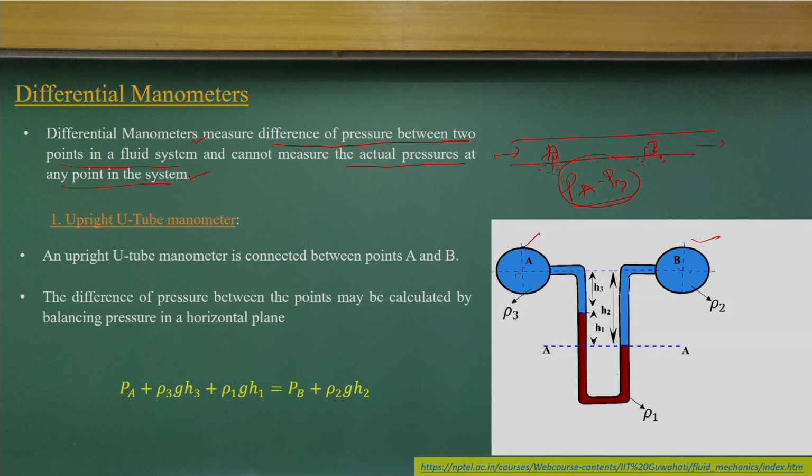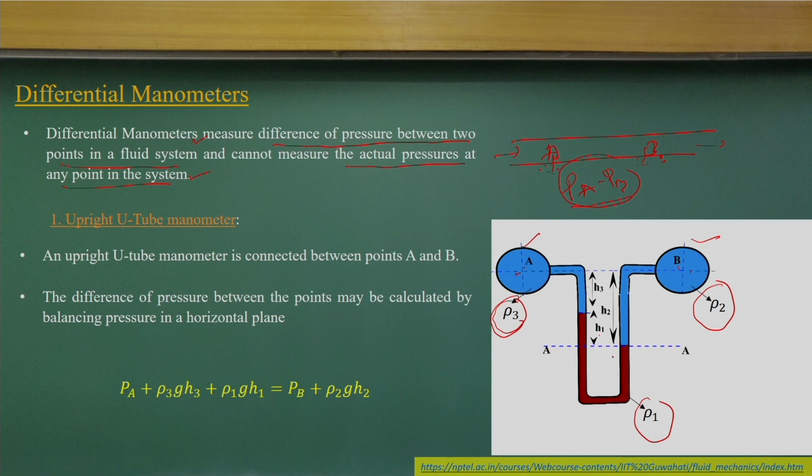Consider these pipes carrying different liquids, having different densities, rho 2 and rho 3, and rho 1 is the density of the manometric liquid. If this is the arrangement, and the manometer reaches equilibrium after a certain flow, then we measure the distances H2, H3 and H1.